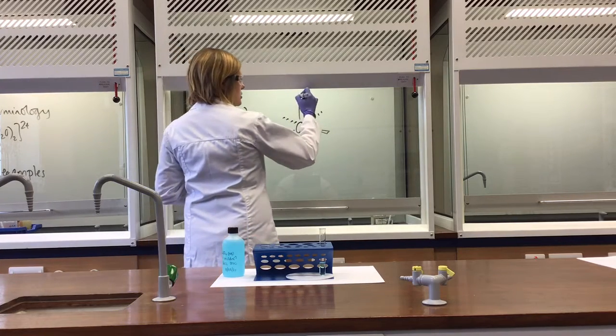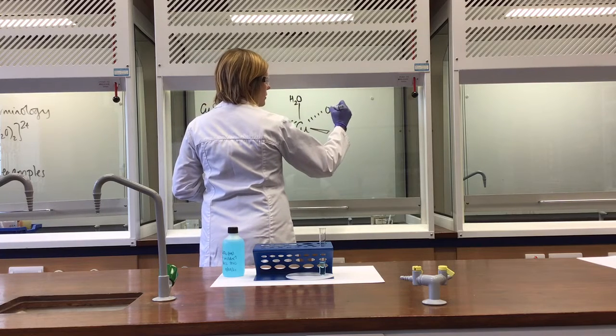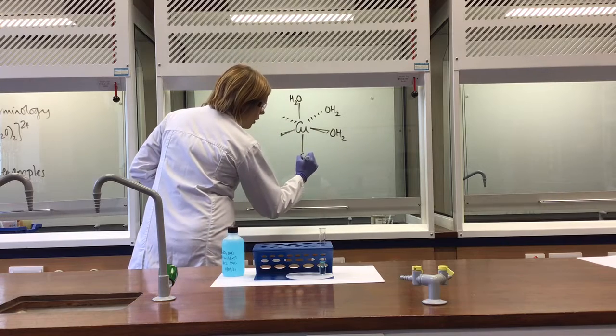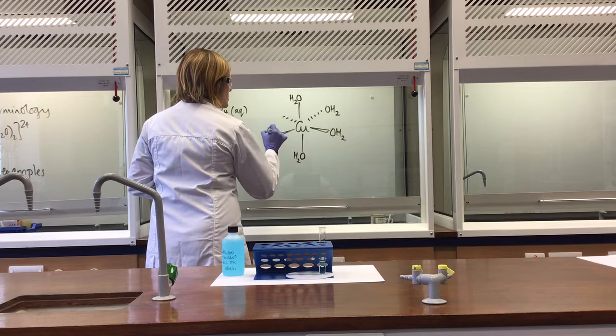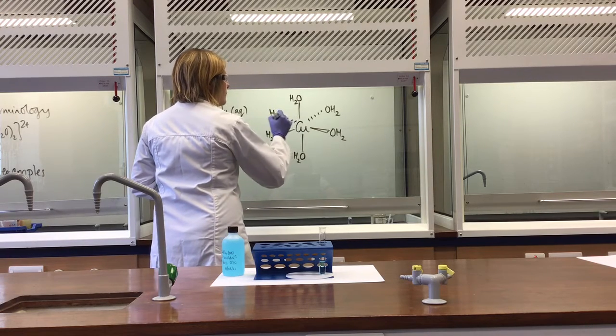And attached to each end of those bonds is a water molecule. Now notice how I've drawn that water molecule with the oxygen attached to the bond and the two hydrogens separately, like so. H2O all the way around there.